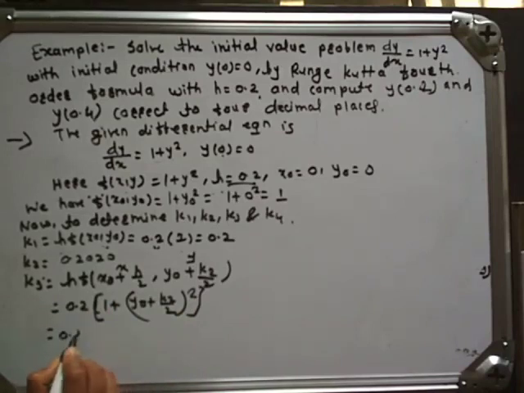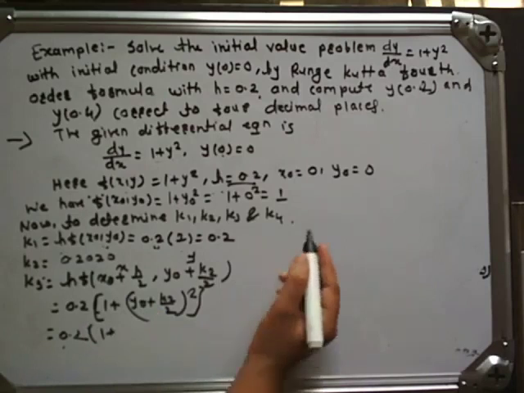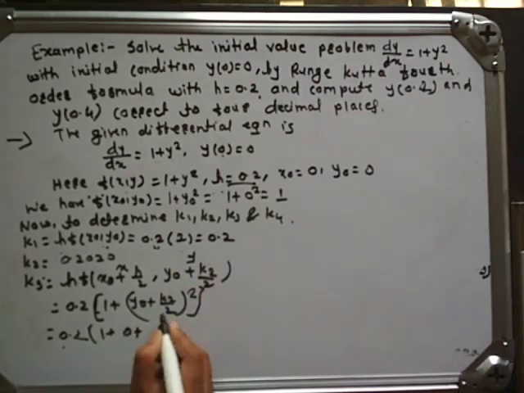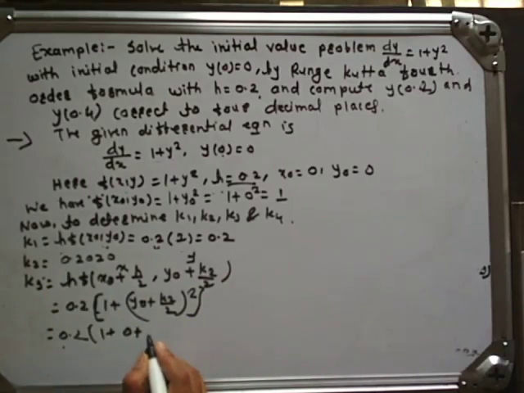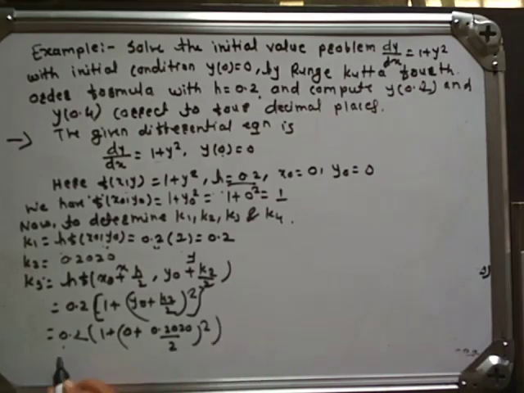So 0.2 into 1 plus y0 is 0 plus k2 is 0.2020 upon 2 whole bracket square.